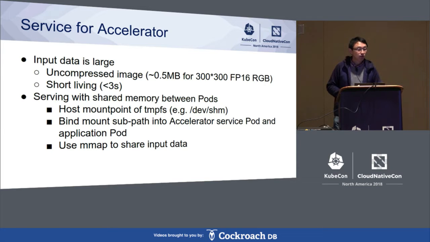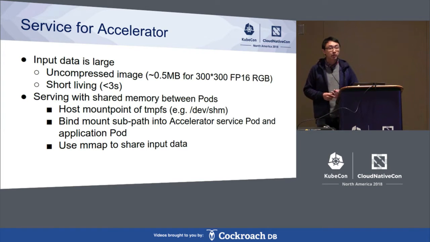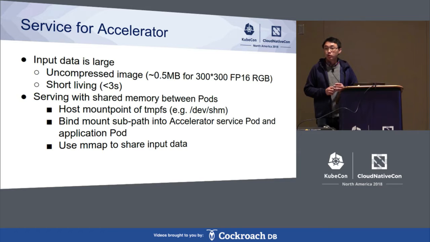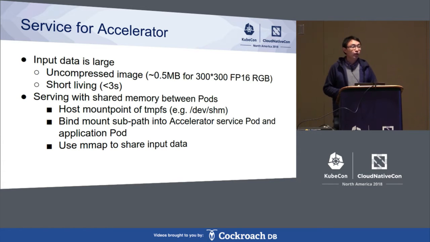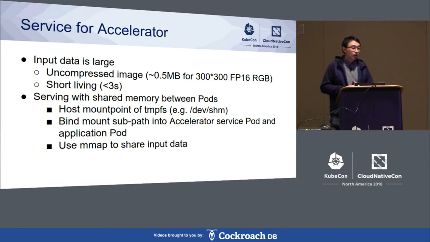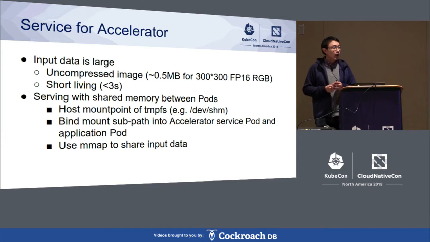Let me explain tmpfs and mmap in case anybody here doesn't understand them well. A tmpfs is a file system on Linux which is completely in memory, so file content saved on this file system basically sits in physical memory pages. And the mmap system call can map the content of a file into the memory space of a process, and the process can purely use memory access instructions to access the content of the file.